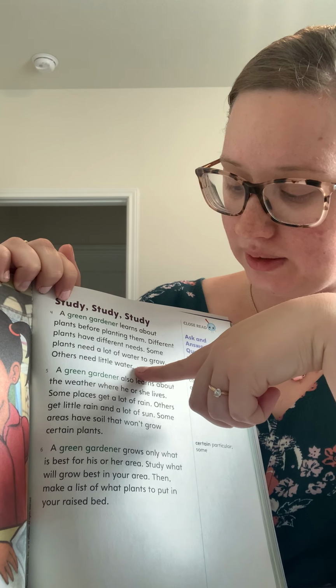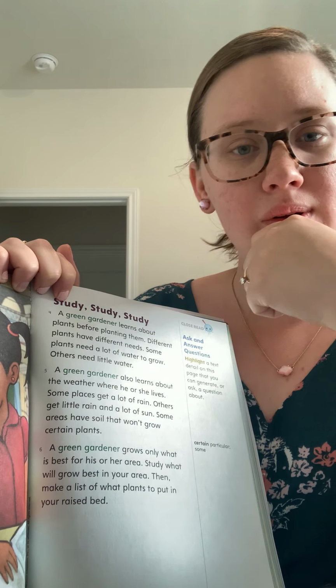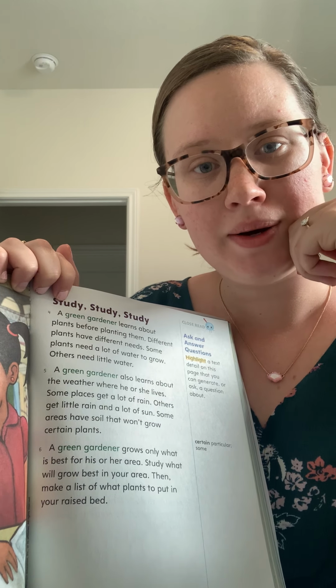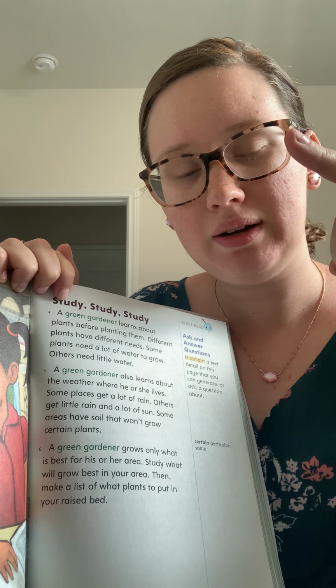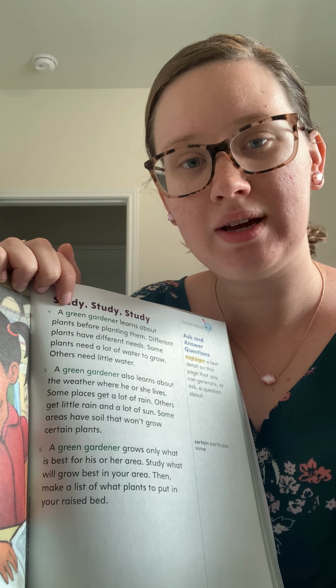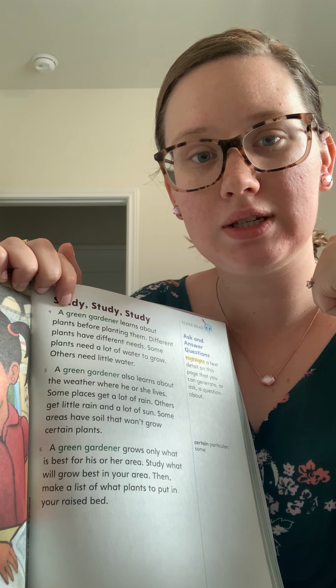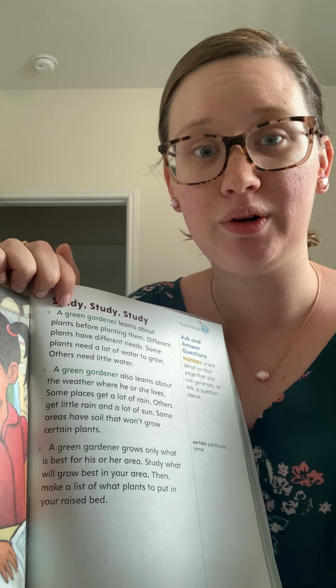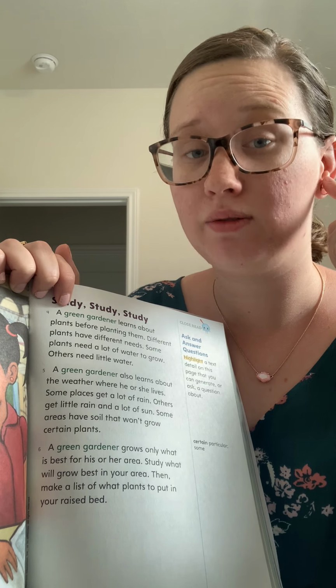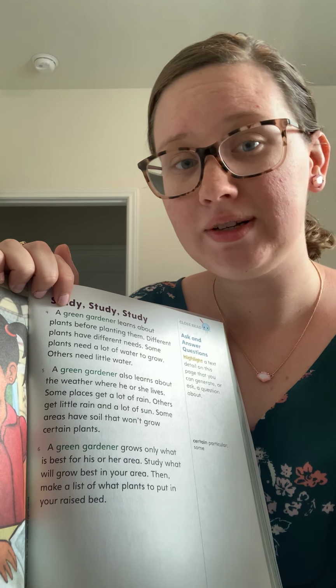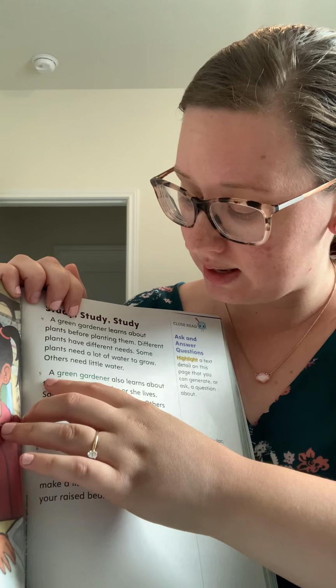Others need little water. We know a little bit about this from the rose that Esme bought Miss Clower for Valentine's Day. It said, touch the soil and see if it's moist. Do we remember that? And my bamboo that I had, it needed a lot of water every day. So different types of plants need different types of things.